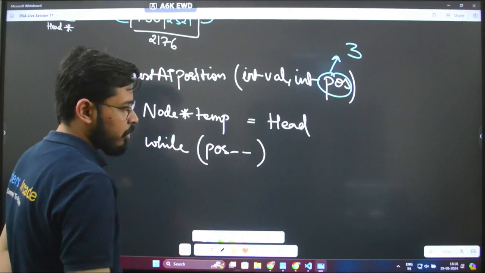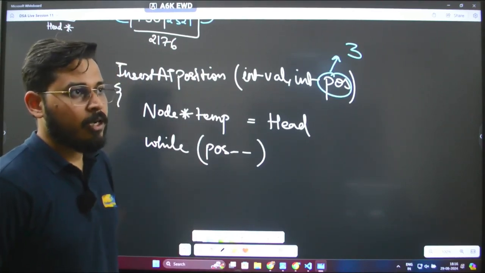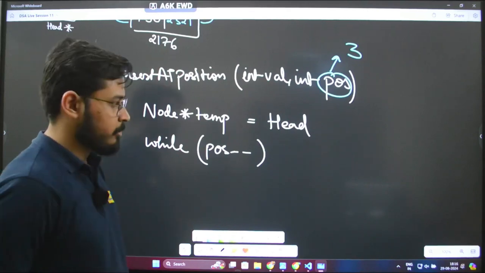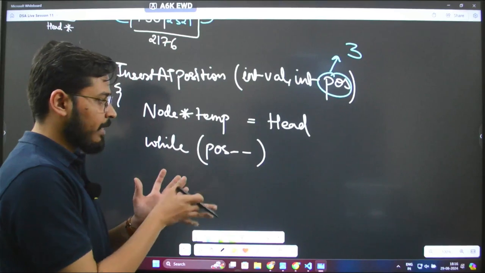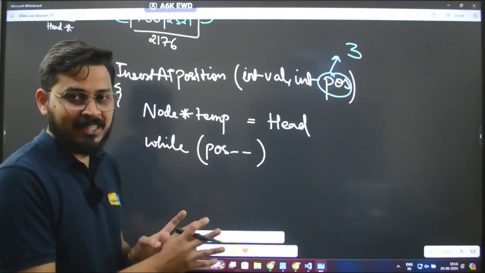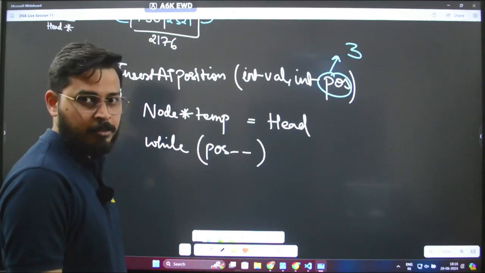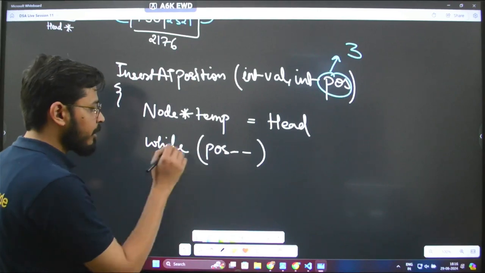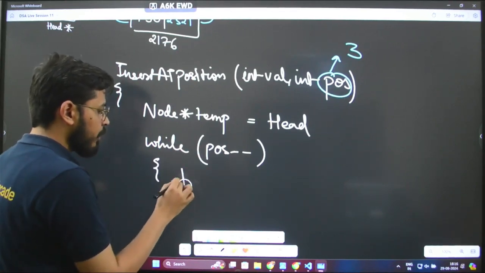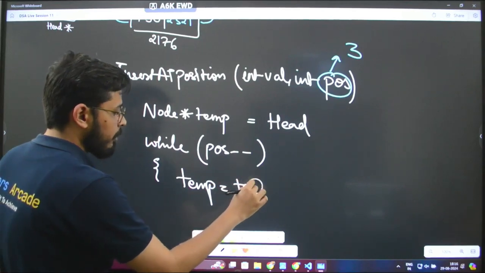Here we started the use of unary operators, where I said first take the position and then decrement it, do the task and then decrement the position, that is post decrement basically, which I am using as a unary operator. While minus position, keep on saying temp is equal to temp of next.